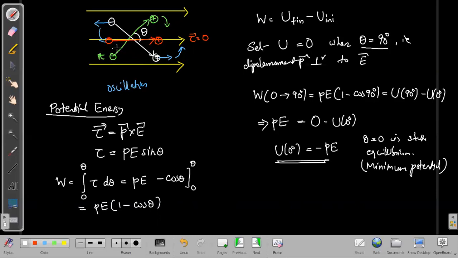Obviously when you go to 180 degrees, what would be the potential energy? At 90 degrees it is 0. Can you guess what would be the potential energy at 180 degrees? Obviously it would be plus P E, and that is a maximum. At 180 degrees the dipole moment is anti-parallel to the electric field, so that is again an equilibrium, and that is an unstable equilibrium.